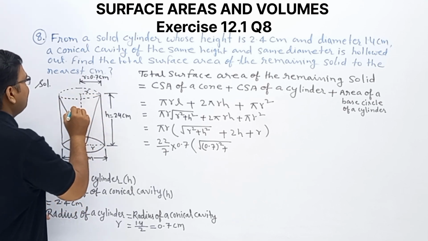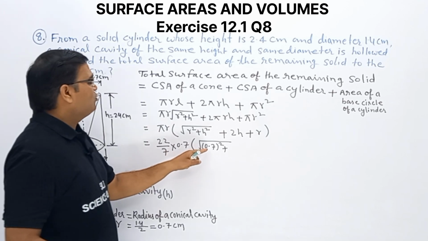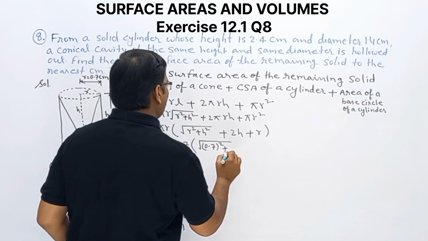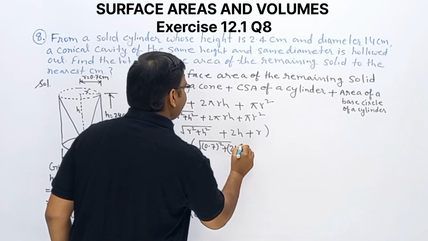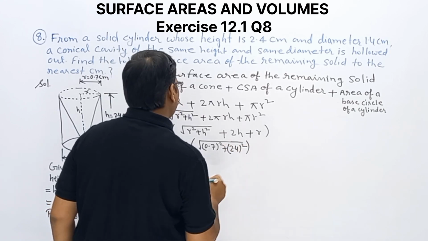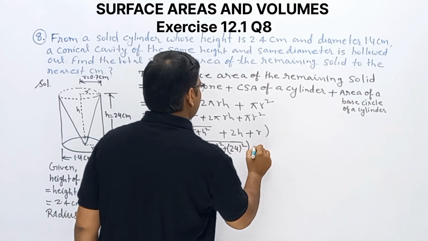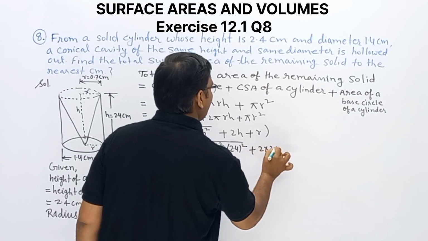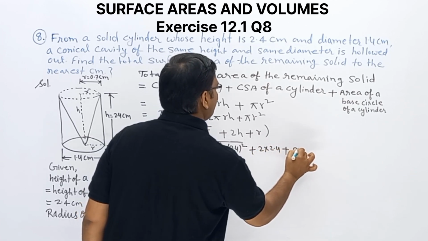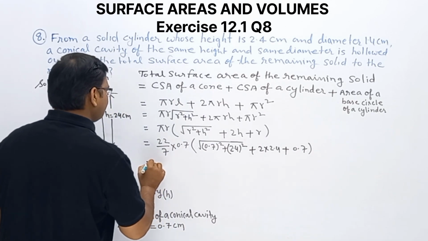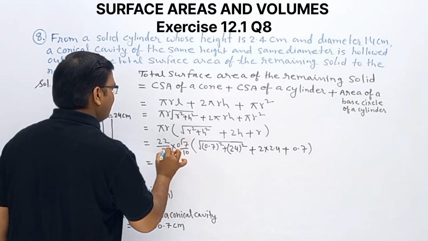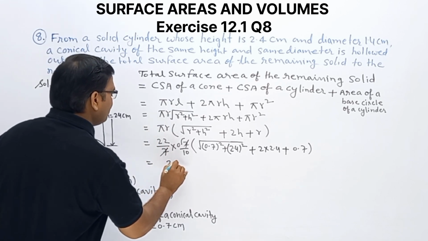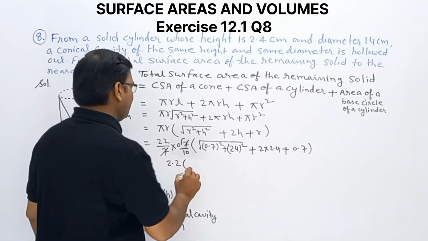This is r and this is h. So r is 0.7 whole square and h is 2.4, so 2.4 whole square. Clear? Plus 2 into h which is 2.4 plus r which is 0.7. Solve. Remove this point. 7 will be cancelled from 10, then we get 2.2 multiplied by, solve this one.